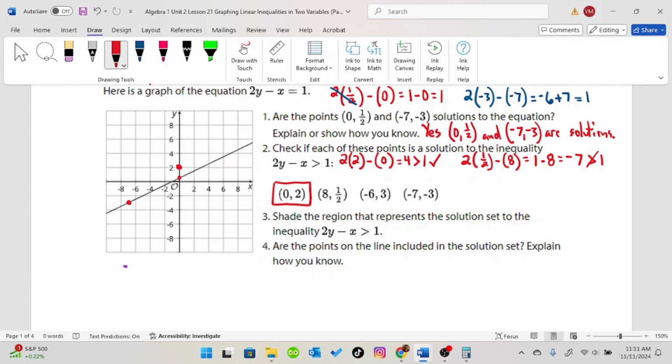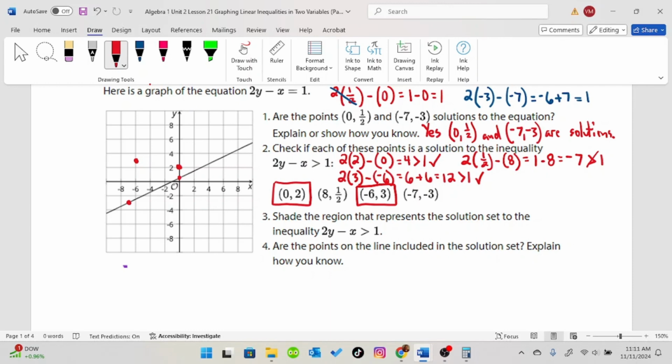The next one, we would have 2 times y, which is 3, minus x, which is negative 6. 2 times 3 is 6. Minus negative 6 would be plus 6, which equals 12, and that is greater than 1. So this would be a solution. So we can go to negative 6, positive 3, and put that point right there.